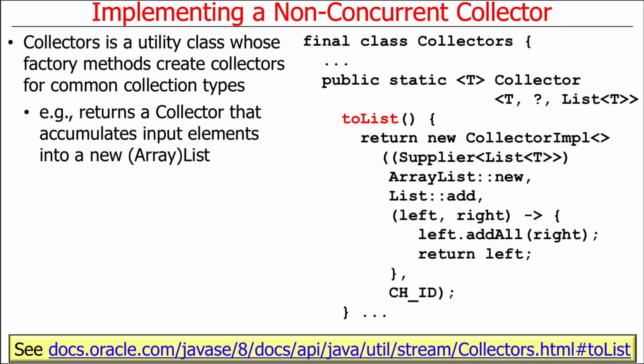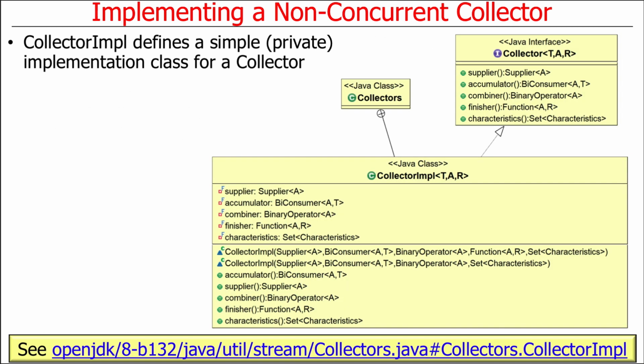So this is an example of how we can have a method called toList, which comes out of the standard Java library, which makes a collector that has these various parameters set. Well, that sort of raises the question, what is CollectorImpl? So CollectorImpl is a simple class that's used to create collectors. And what's interesting about this is that CollectorImpl is actually private.